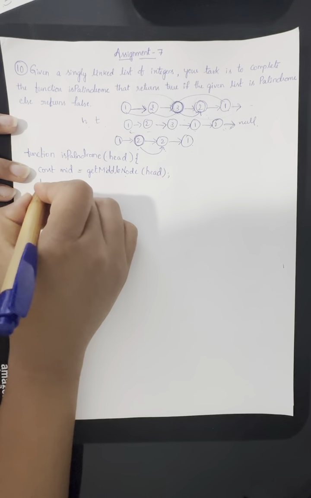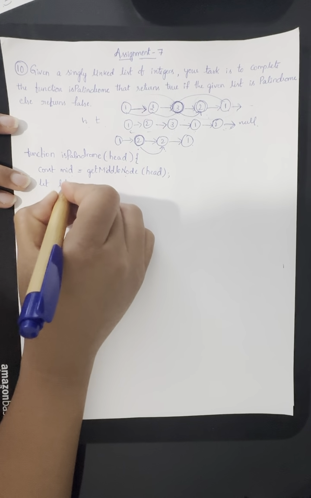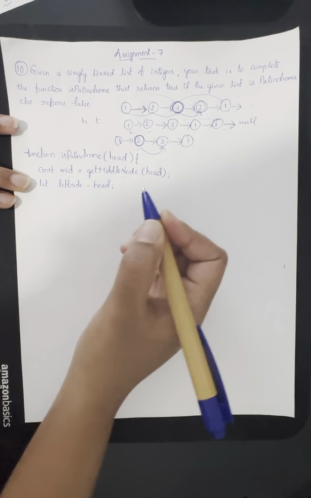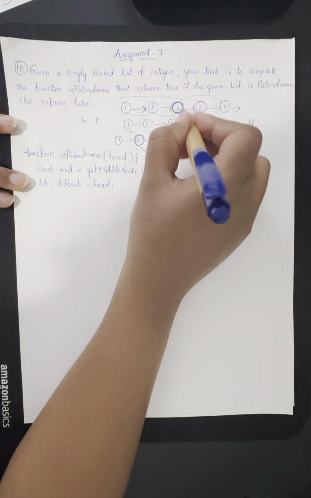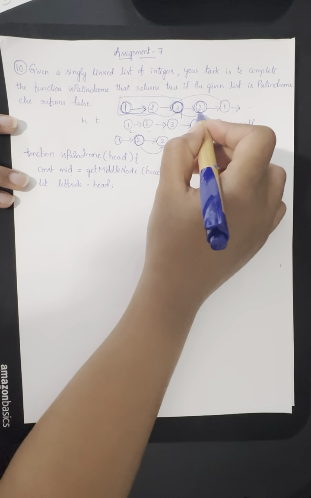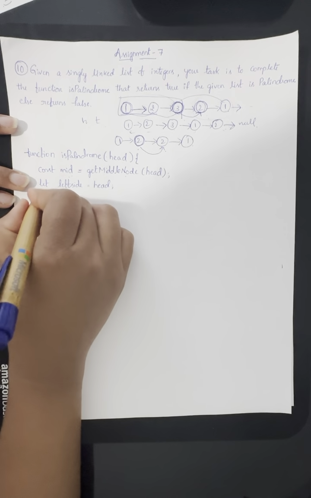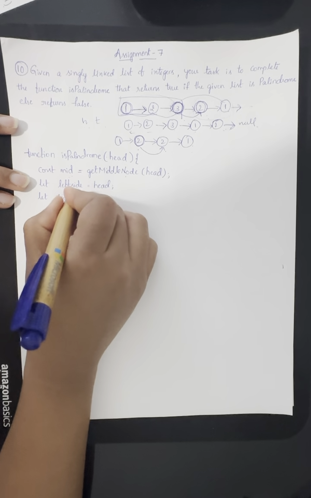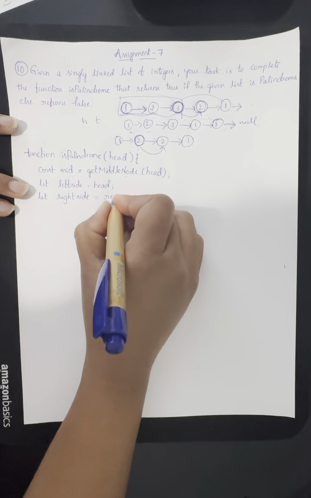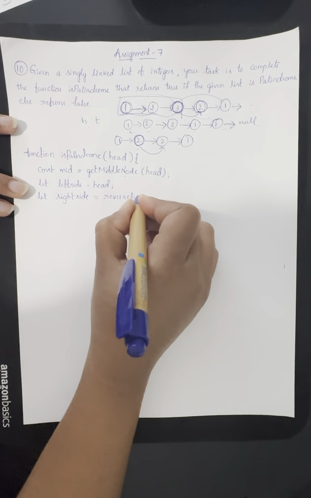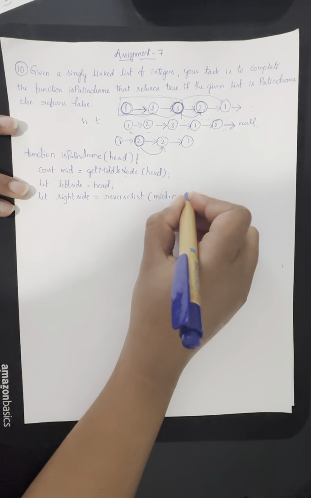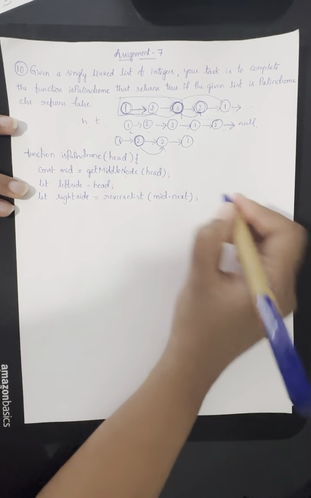And then I'm declaring a variable called leftSide as head, because the left half, the first half, starts at head and the second half starts at the second half of the list. So let's say rightSide equals reverseList of mid.next.